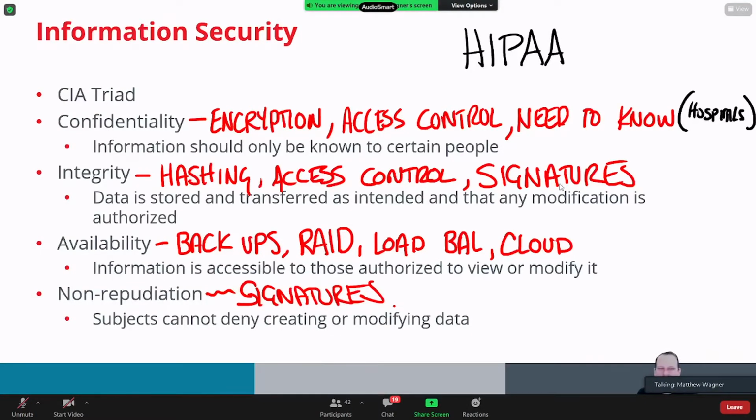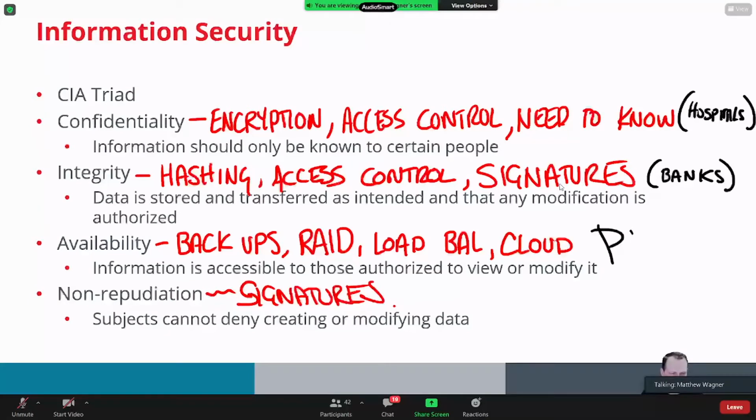All right. What about banks? Banks care about confidentiality, but you know what they care about more? Integrity. In fact, most of the banking regulations like PCI DSS, the payment card industry data security standard, focuses on the idea that people can't tamper with your bank account balances.